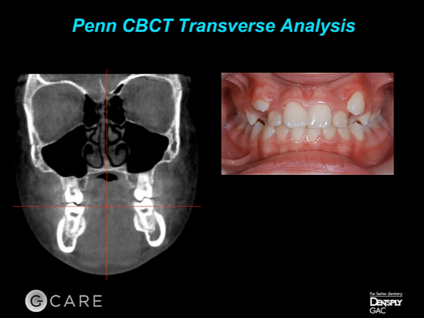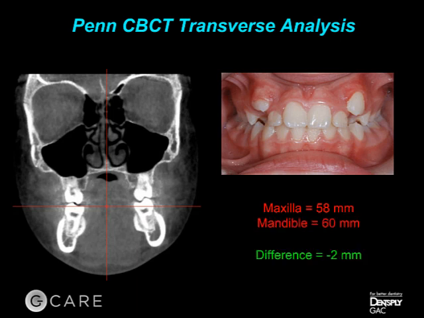Well, let's take a look at this. Let's measure her maxilla. Her maxilla is 58. Her mandible is 60, for a difference of -2 millimeters. If our goal is to have our upper jaw 5 millimeters wider than our lower, that would basically mean that she's going to need 7 millimeters of expansion.